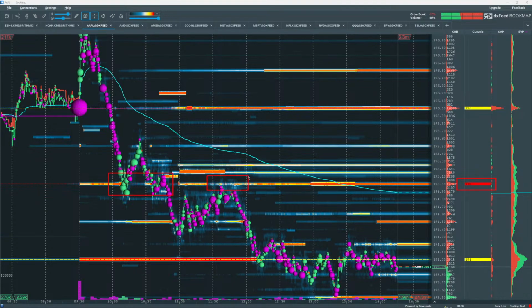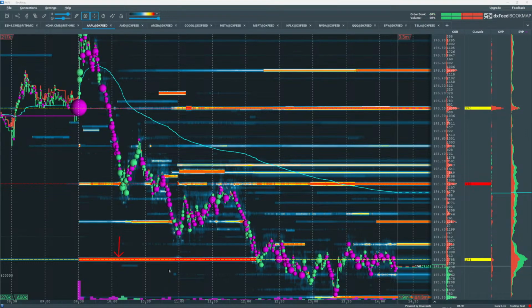Support, then resistance. The targets are typically very clear in Bookmap for stocks. The heat map in Bookmap is showing history, the limit orders in the order book. These dark bands, these are indicating resting limit orders. Below price, they're limit buy orders. They act as a magnet for price.